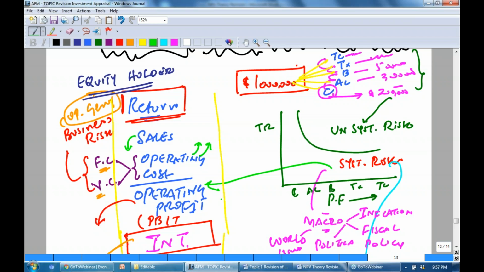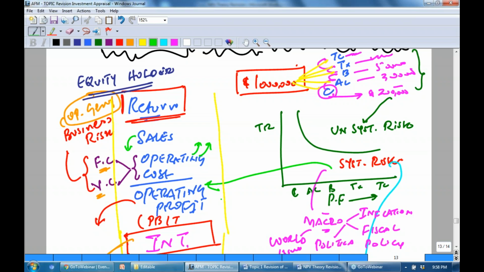Number two, Toyota says to the investor, Mr. Investor, you are welcome to the car industry, where the car industry has different companies like Hyundai, Honda, Mercedes, and other companies.